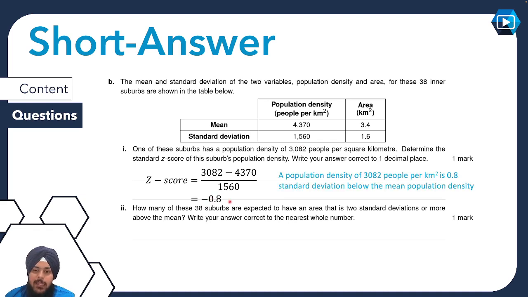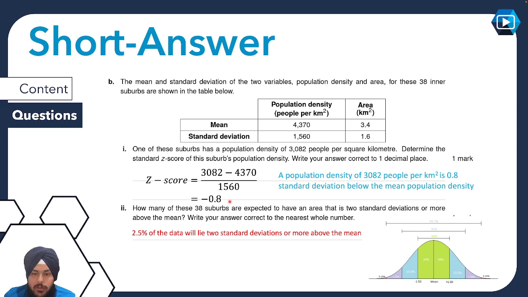If we're just quickly interpreting what this negative 0.8 means, it means that the population density of 3,082 people is 0.8 standard deviations below the mean population density. In this case, it was not required to interpret what that meant, but it's really important to know how to interpret, because there have been questions in the exam which have asked students to interpret what the z-score means.